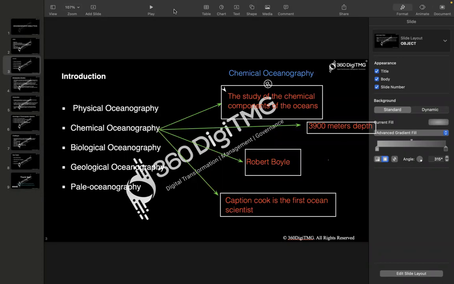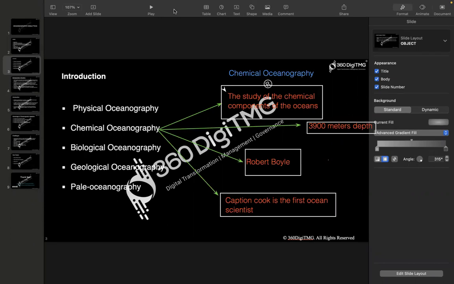A major chemical finding was the constancy in the ratio of the major ions, which are sodium, calcium, magnesium, chloride, and sulfate, to each other throughout the oceanic water column.